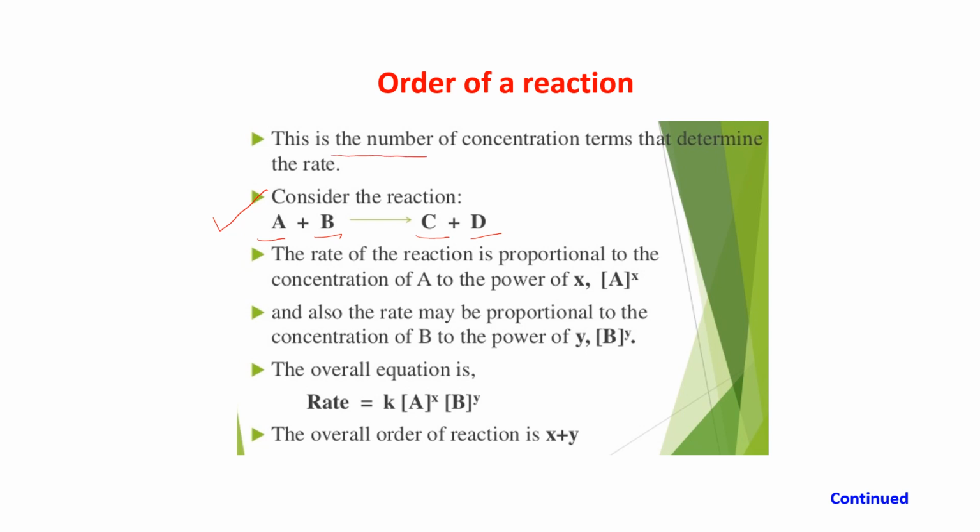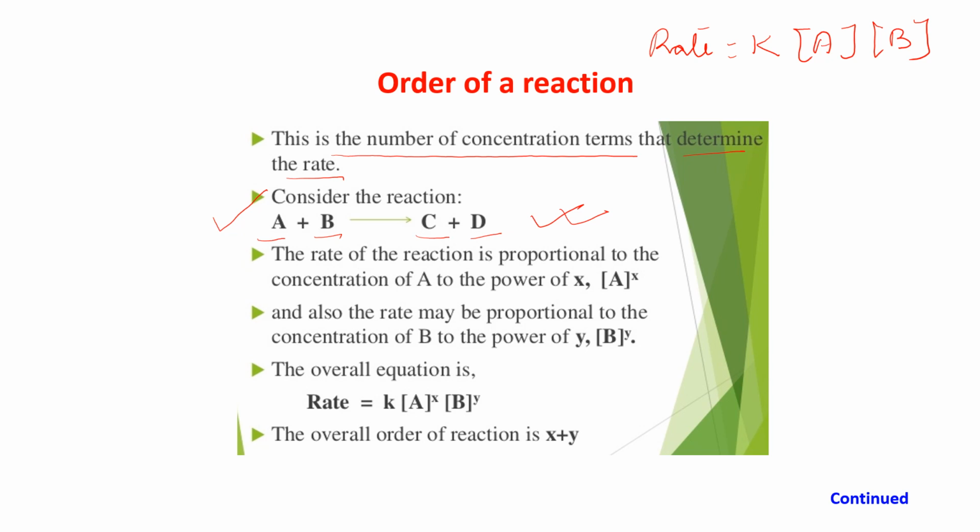This is the number of concentration terms that determine the rate. Suppose I want to write the rate of this particular reaction. How can I write it? Rate is equal to K times the concentration of A and the concentration of B. This is the rate of the reaction. What is order of a reaction?